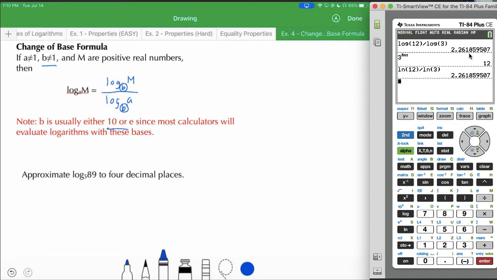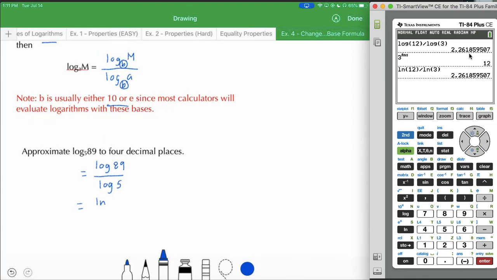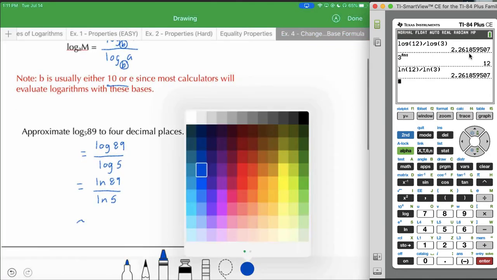So by this change of base formula, I could rewrite this as the following. I could do this as common log of 89 divided by the common log of 5, or I could do natural log of 89 divided by natural log of 5. Okay. Punch into my calculator.